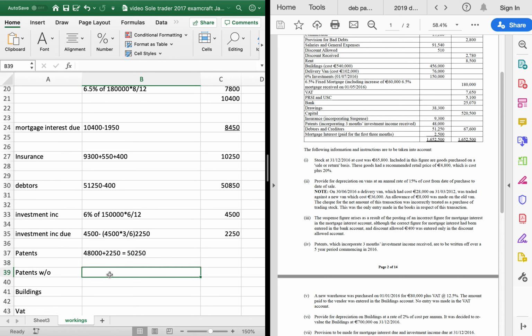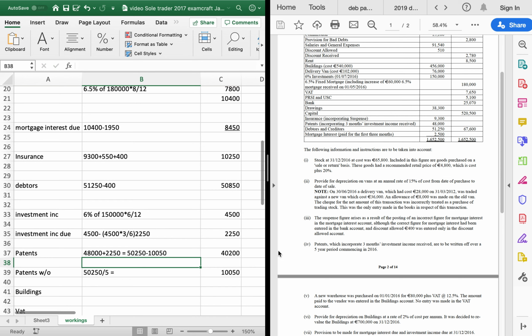So patents written off will be 50,250 divided by 5, which is 10,050. And then really importantly, you remember to take that away from your patents, to get you your 40,200.